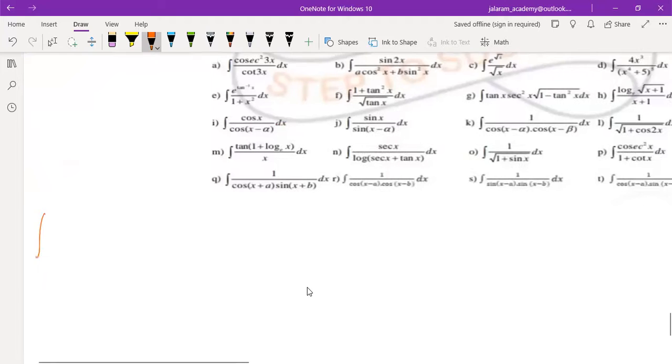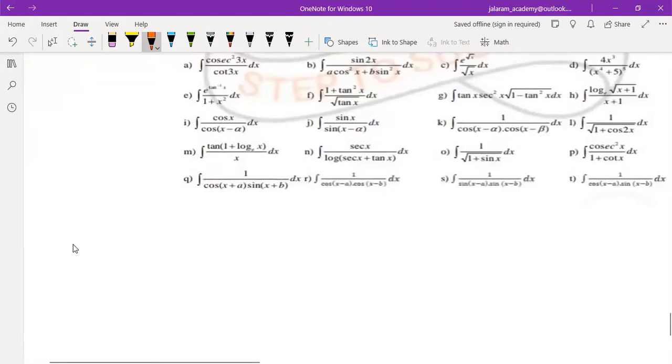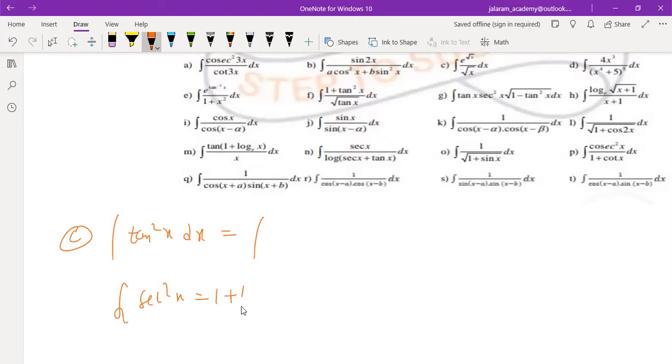After discussing sin square x and cos square x, let's now discuss the integration of the third one: tan square x. There is no direct formula for tan square x, but we know that sec square x equals 1 plus tan square x, the square identity which we have studied in previous classes. Using this identity, tan square x is sec square x minus 1.